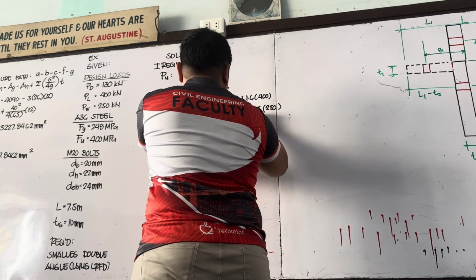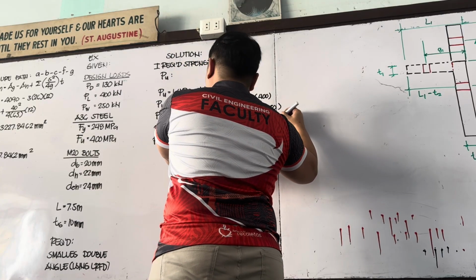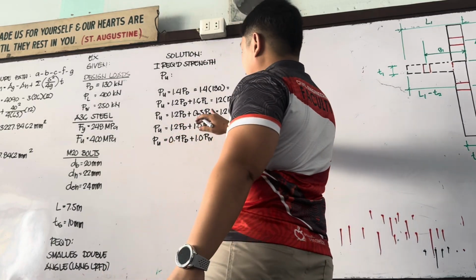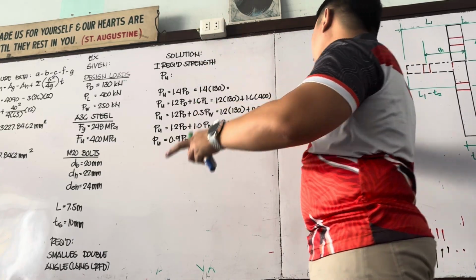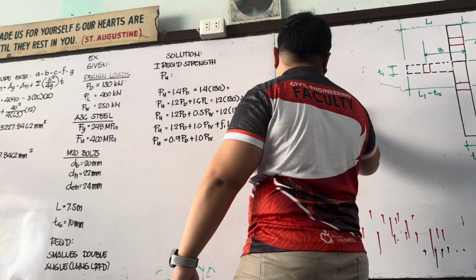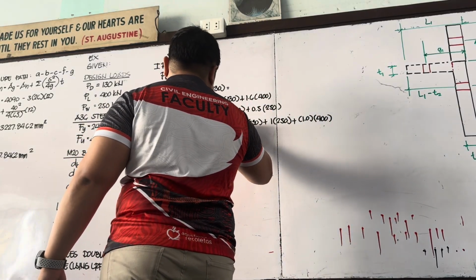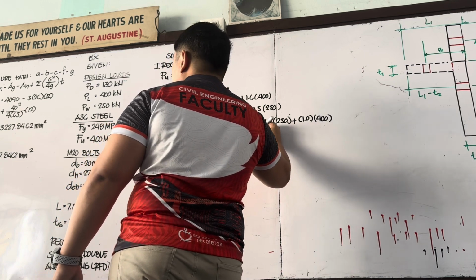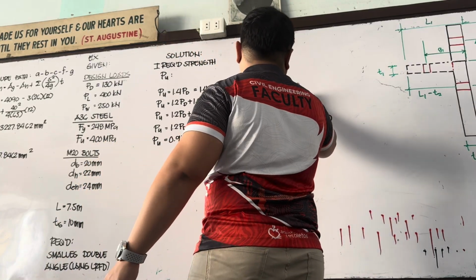Then 1.2 times 130 plus 1 times the wind load of 250, plus f1, which has no specified value, so we use the most conservative, the highest value of f1, which is 1.0, times the live load of 400. Then last, 0.9 times 130 plus the wind load, 1 times 150.